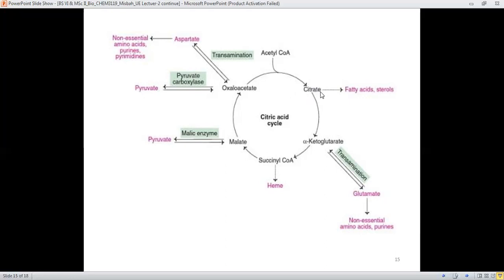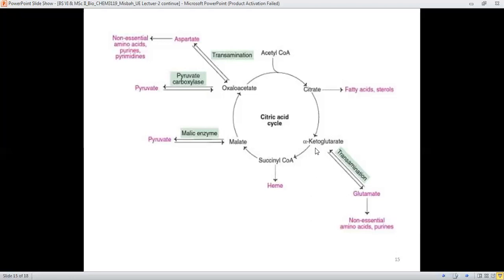This citrate can leave the cycle and go for the production of fatty acids or sterols. This citrate can also be converted into alpha ketoglutarate. Again, alpha ketoglutarate can leave the cycle and go for the production of glutamate, and this glutamate can revert back to alpha ketoglutarate through the transamination reaction.